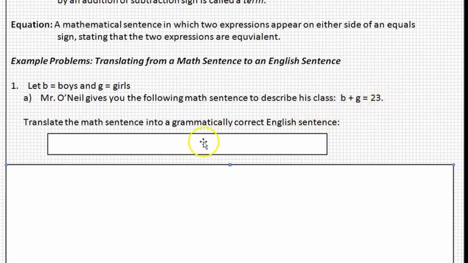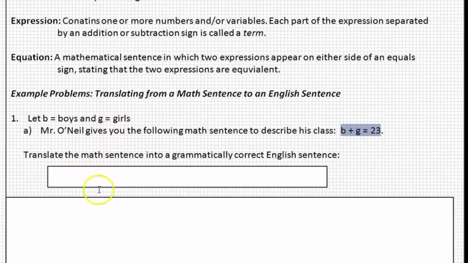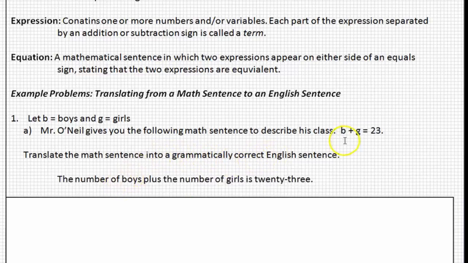So your first task here in this lesson is to translate that math sentence, this equation, B plus G equals 23. If he told you that, what would that tell you about his class? And you can write that down here. We do want it to be grammatically correct. So we know that the B stands for boys, so the number of boys plus the number of girls is 23.